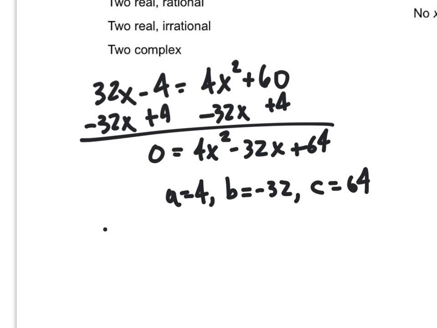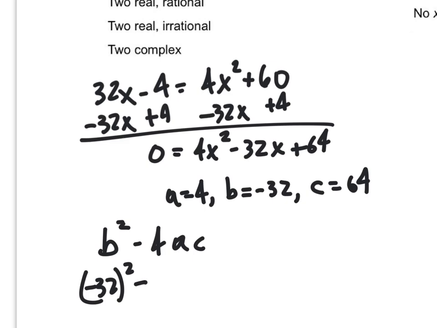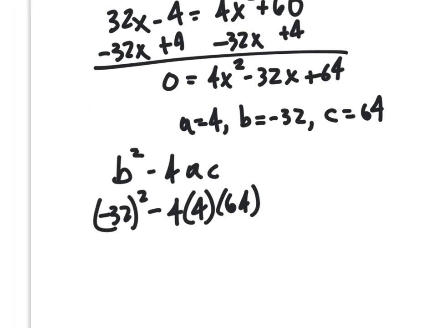So let's do b squared minus 4ac. If we do negative 32 quantity squared minus 4 times 4 times 64, let's see what happens here. 32 squared is going to give me 1,024.